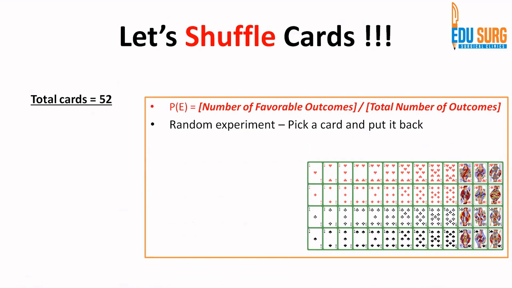So these are the events. We have already seen that probability of an event is number of favorable outcomes upon total number of outcomes. Now we already know that the sample space will be all 52 cards, as the total number of outcomes is 52. Okay, so your denominator here is fixed, which is 52.